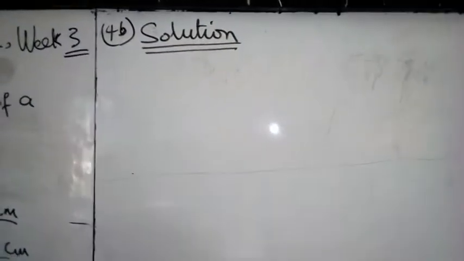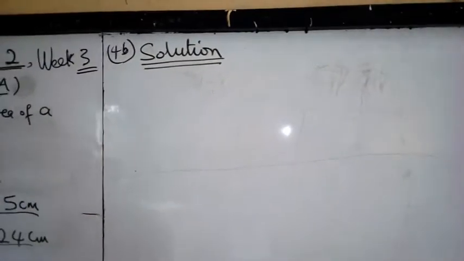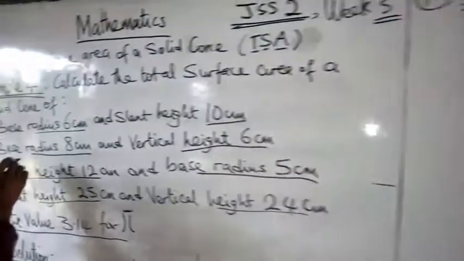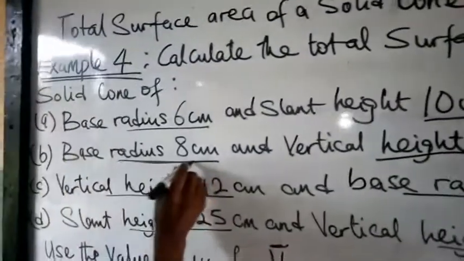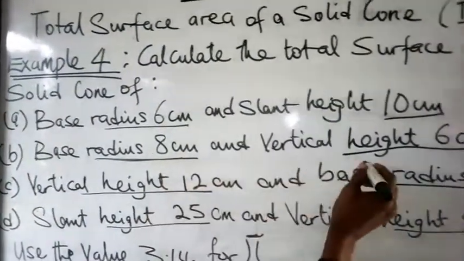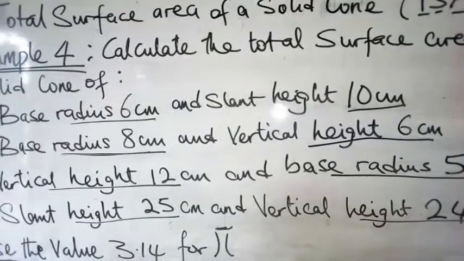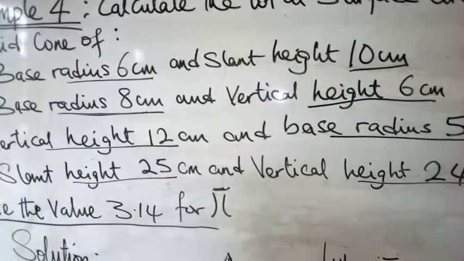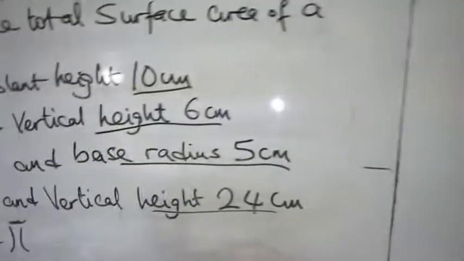But let's catch the code because there's something I noticed in B. Look up here. Base radius is given. Vertical height is given. Oh, no slant height. So we have to look for slant height. You see there? I taught you how to find slant height using Pythagoras.